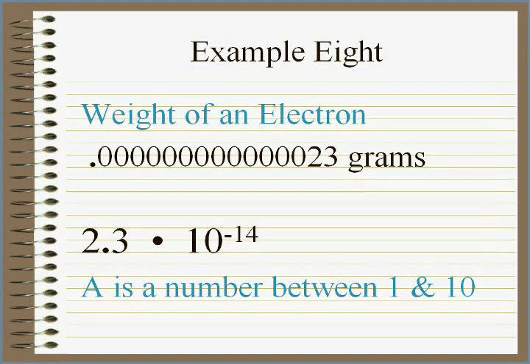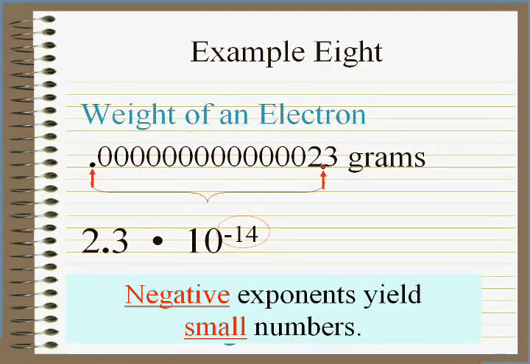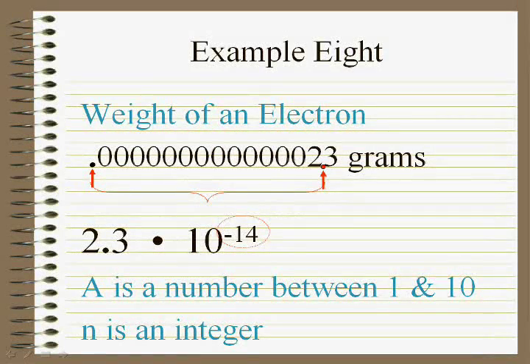A is a number between 1 and 10, the 2.3, and n is an integer, negative 14. See that we counted 14 places to where it ended up in its original position. And it was negative because it's a very small number. Okay? Negative exponents yield very small numbers. Go try the homework.